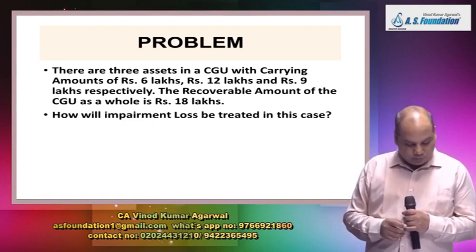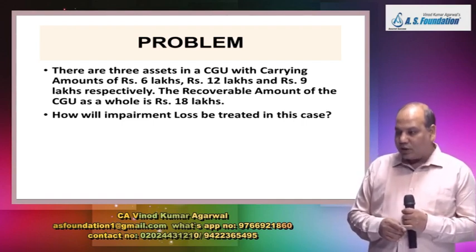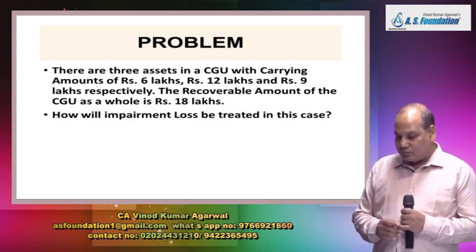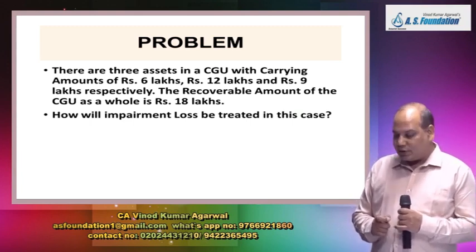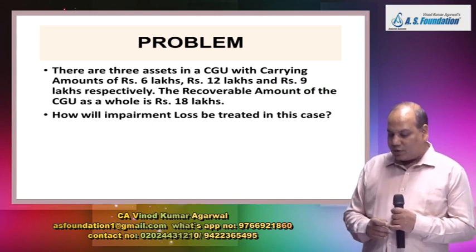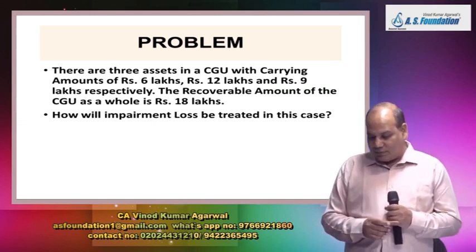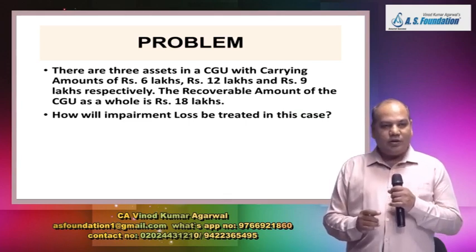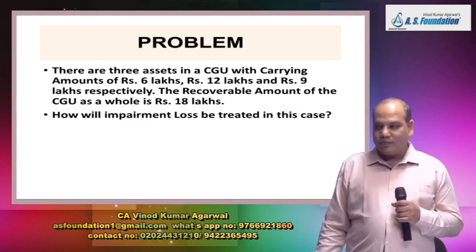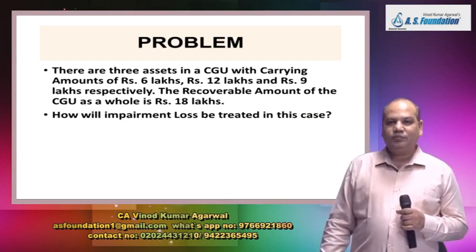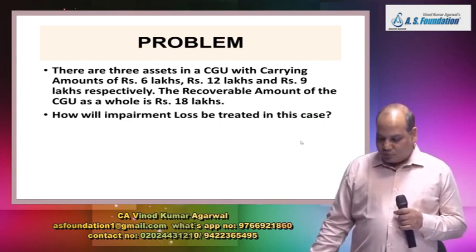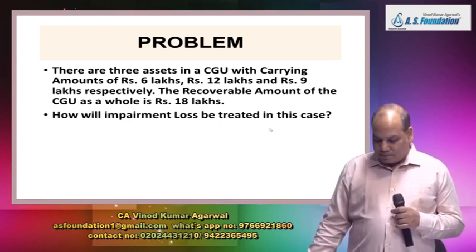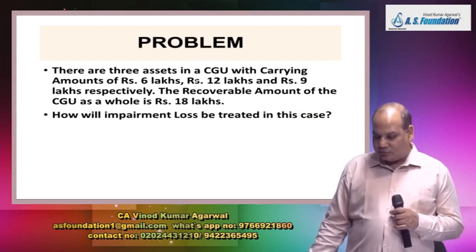Simple question. There are 3 assets in a CGU with carrying amounts of rupees 6 lakh, 12 lakh, 9 lakh respectively. Recoverable amount is 18 lakh. How will the impairment loss be treated in this case? So first check whether there is impairment.